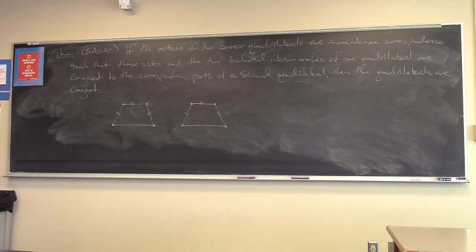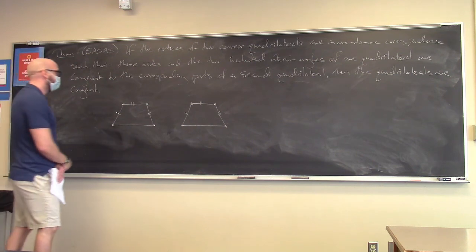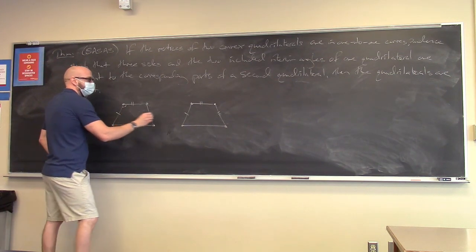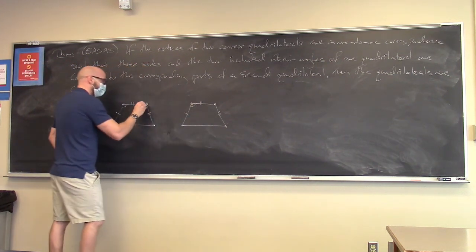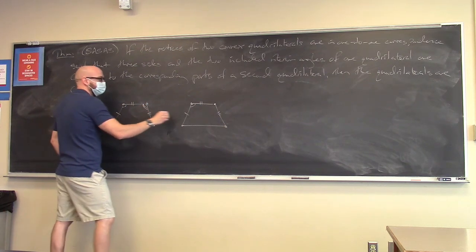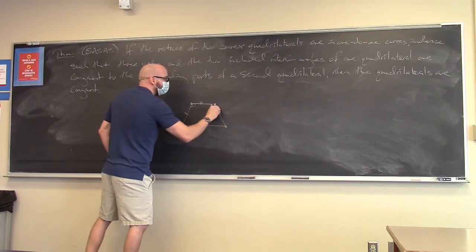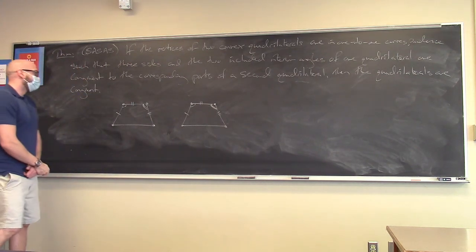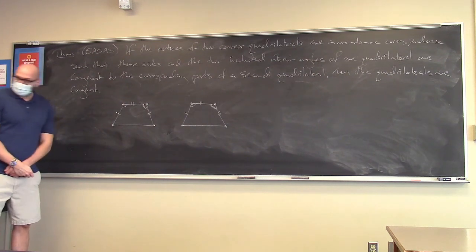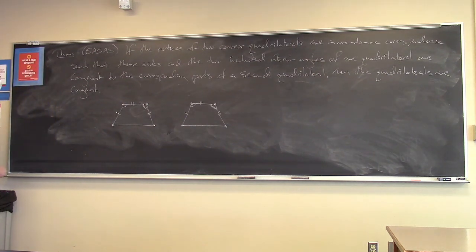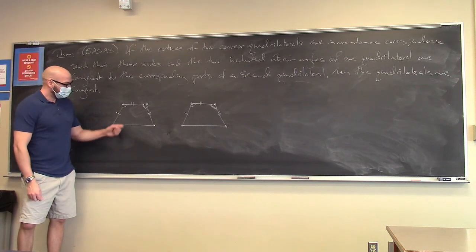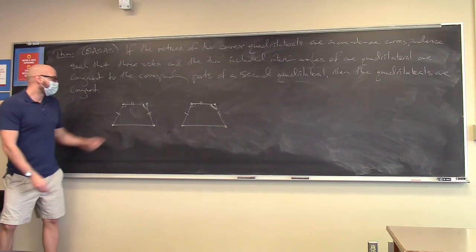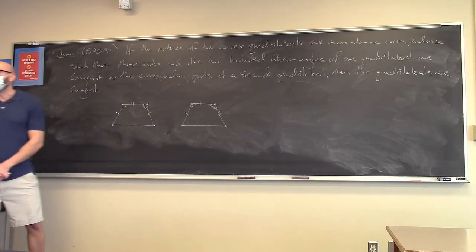Three sides are congruent, and the two included interior angles. So this angle matches up with this one, this angle matches up with this one. Then the claim is that that's all I need to know to automatically conclude that the fourth sides must be the same length, and these other two angles must be congruent as well.